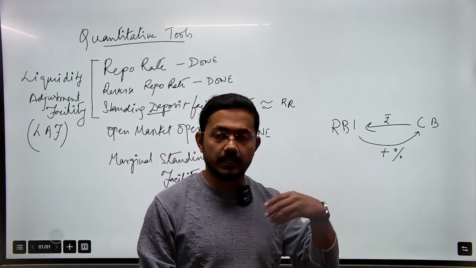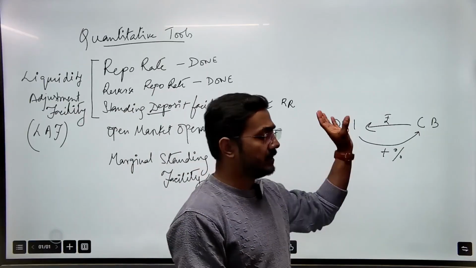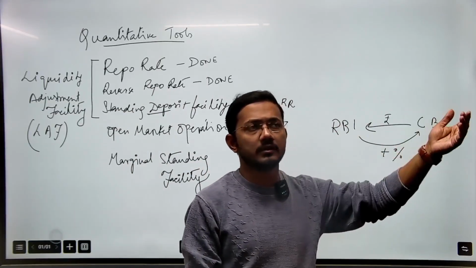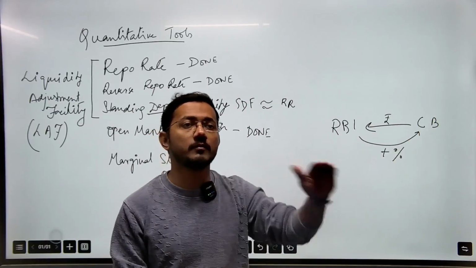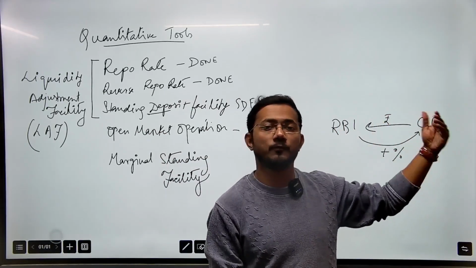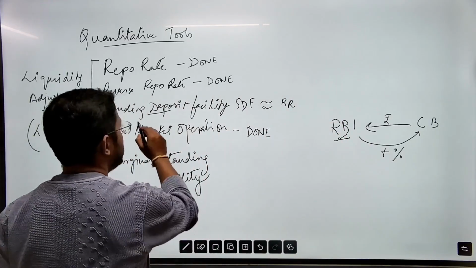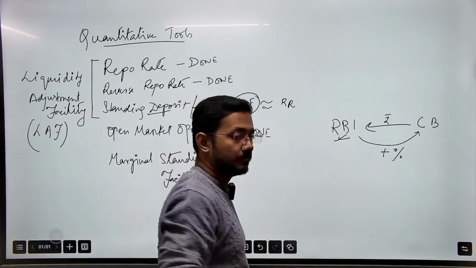The interest given under reverse repo was less, and now the interest will be more, but the government securities will not be mortgaged, and as much money as the RBI wants, it can absorb from the commercial banks. This system of absorption is known as standing deposit facility.